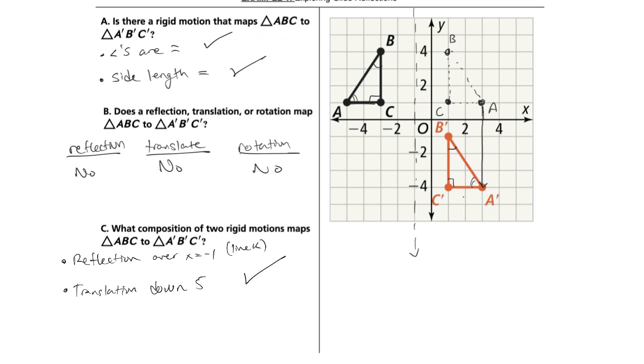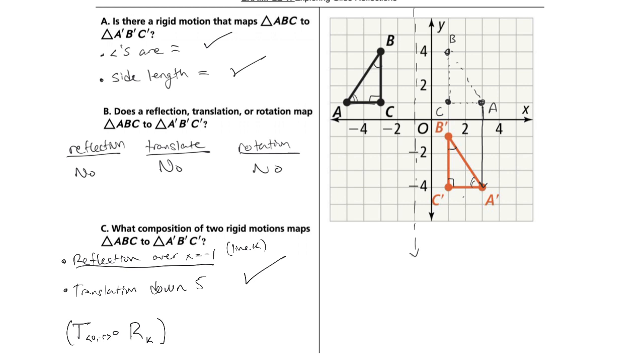And how do we write this? Well, again, what we did first was the reflection over the x = -1 line, which we called K. So I write that second: reflection over K. The second thing we did, we write first, and that was a translation of nothing on the x, down 5.